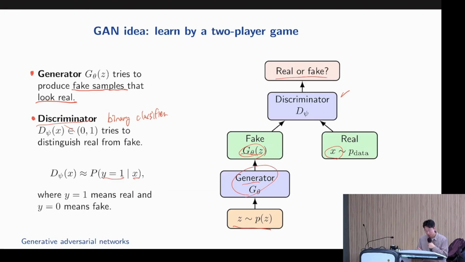The generator will try to fool the discriminator into thinking the fake is real. The analogy is that the discriminator is a police officer, and the generator is a criminal who wants to print fake money. The generator wants to create fake money that looks as real as possible so that it can fool the police officer. And the police officer will try its best to distinguish whether it's printed money or real money.